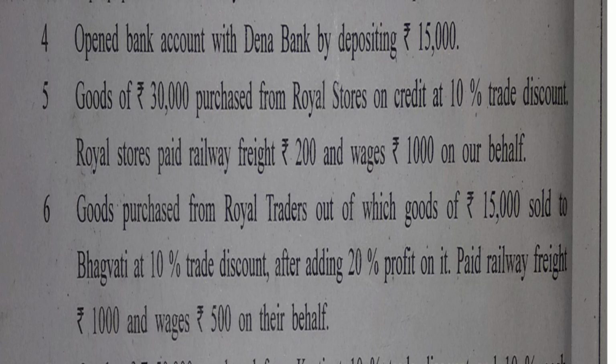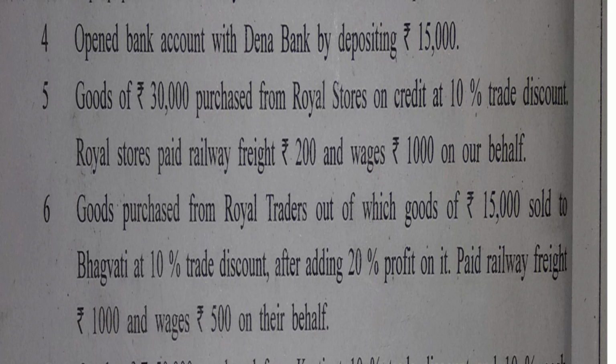Goods have been purchased from Royal Traders on credit at 10% trade discount. What is 10% of 30,000 firstly? It is 3,000. So 30,000 minus 3,000 is 27,000. So goods of rupees 27,000 has been purchased from Royal Stores. So this way Royal Stores becomes my creditor and goods have been purchased.